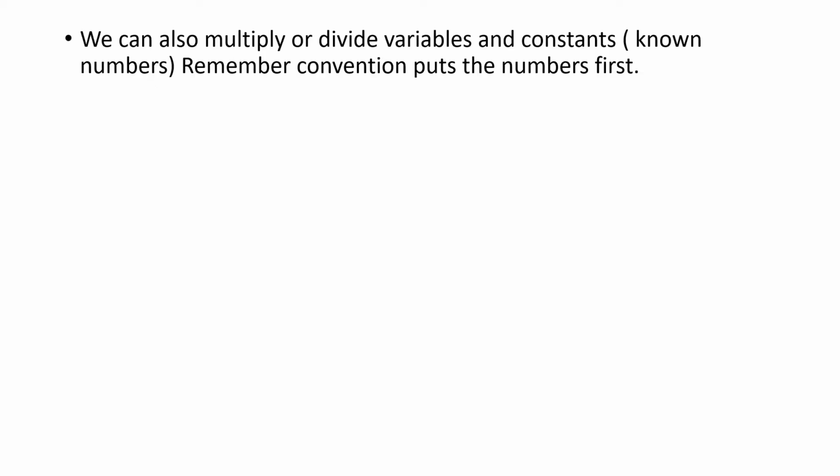We can also multiply or divide variables and constants. Constants are known numbers. Remember that the convention puts numbers down first. So let's look at an example here. We have 4a times 2. Now remember that touching means timesing, so we can also say this as 4 times a times 2.